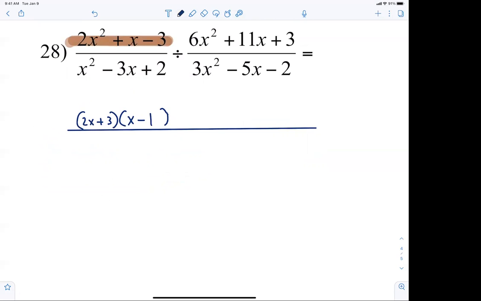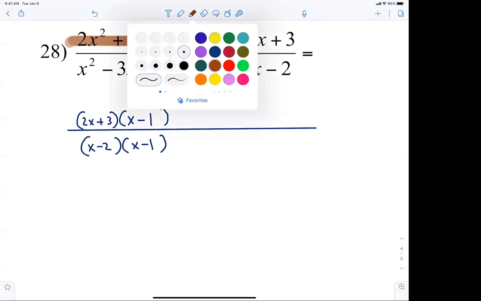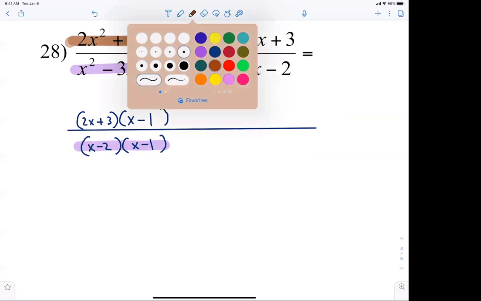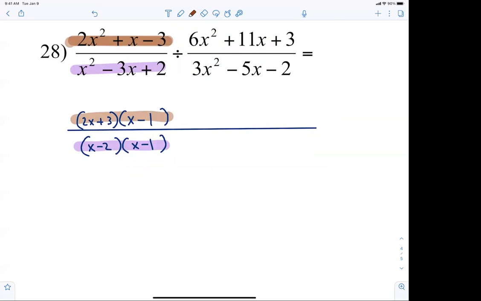Now the bottom should be pretty easy. What is this one? Say it again. All right, now just to make sure that go together. Those two go together.